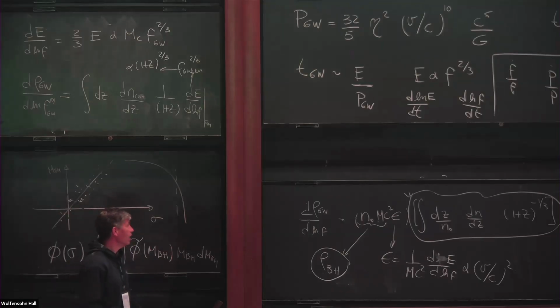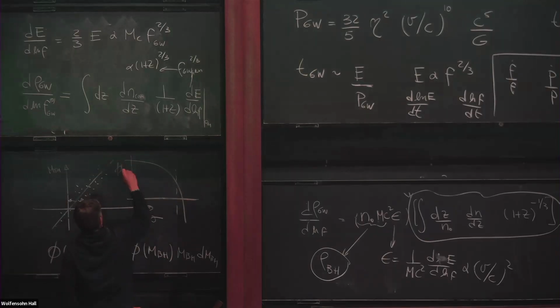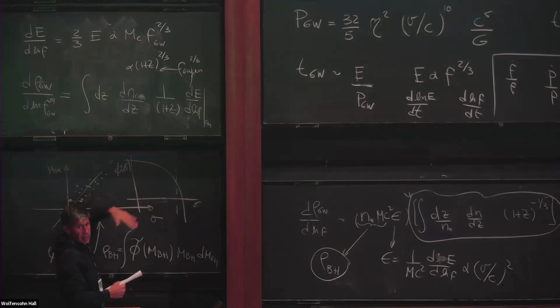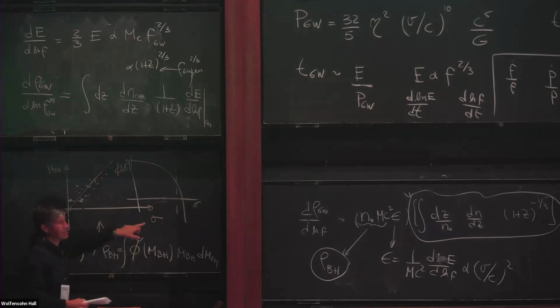On the contrary, if you go to lower velocity dispersions, here I'm just plotting phi of sigma versus sigma, there are more of these galaxies, but this slope is not very steep. And so you're killed by the fact that the black hole mass scales like sigma to the power 5, this scaling relation.